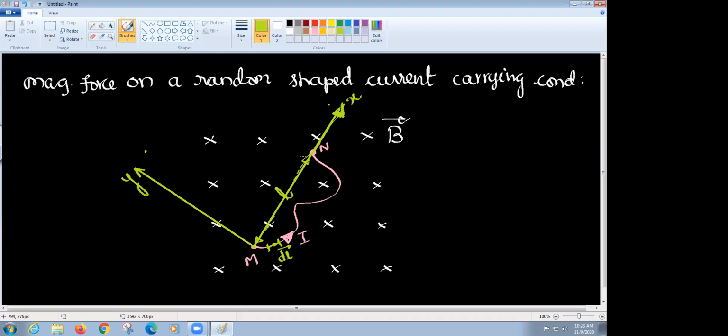Please go home and try working on this. If you try, you will get something interesting, and whatever you said, integration will definitely work out here. But this is not in your syllabus.